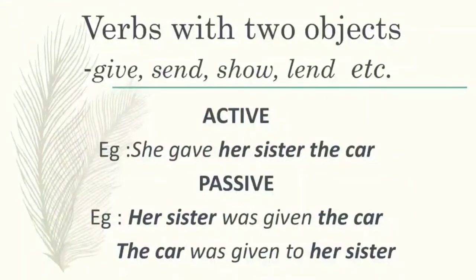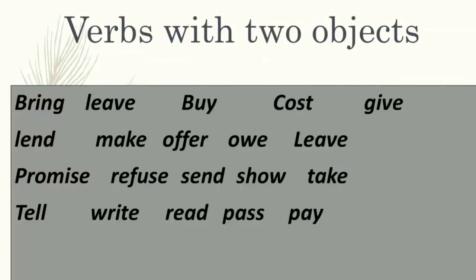Look at the passive form. Her sister was given the car, or the car was given to her sister. So, we can have these two forms, and most often in such cases the person becomes the subject of the passive verb than the thing.